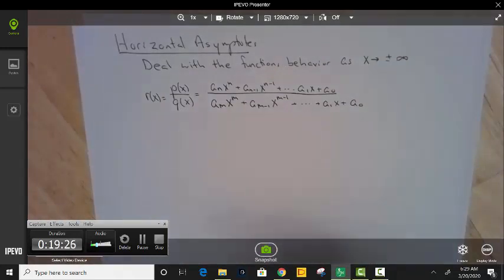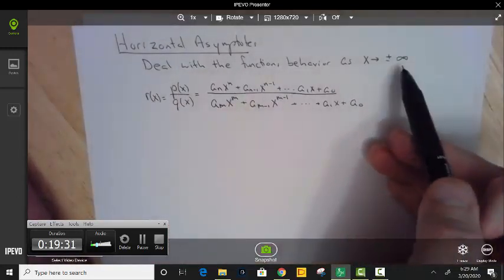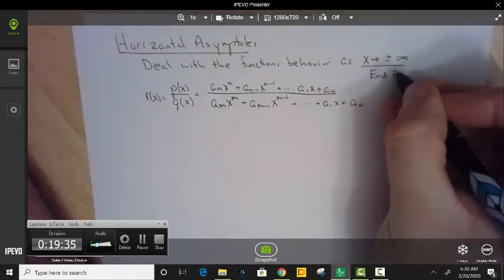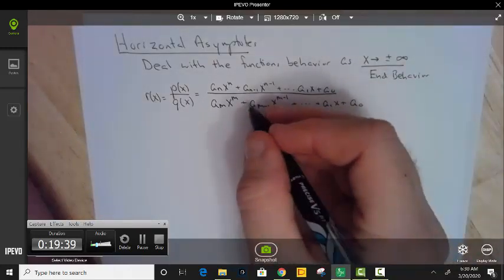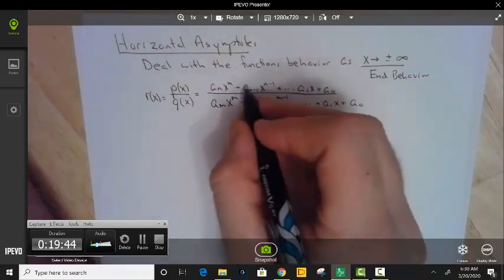Now, like I just said a second ago, horizontal asymptotes deal with the function's behavior as x goes to positive and negative infinity, and this is just called the end behavior. And when we were doing end behavior of polynomials, we talked about how if you want to know the end behavior of each polynomial, you don't need to know every single term.